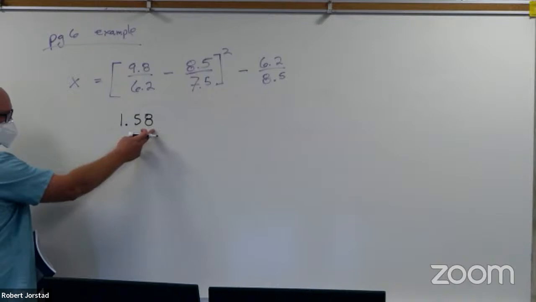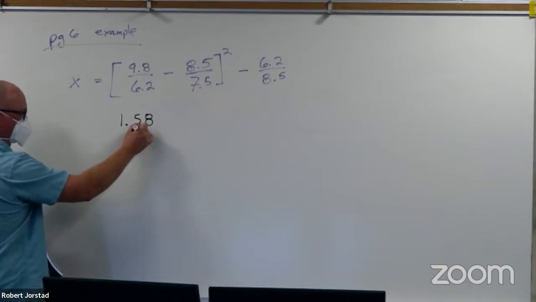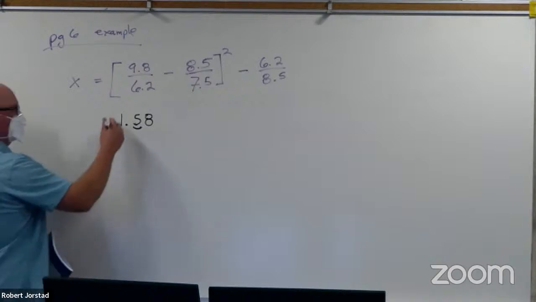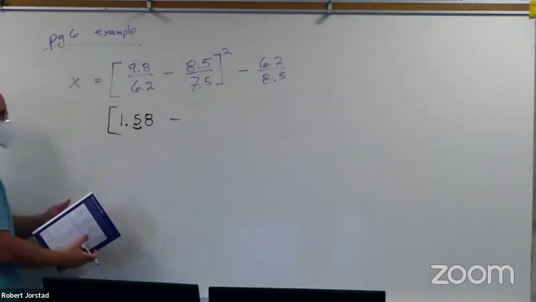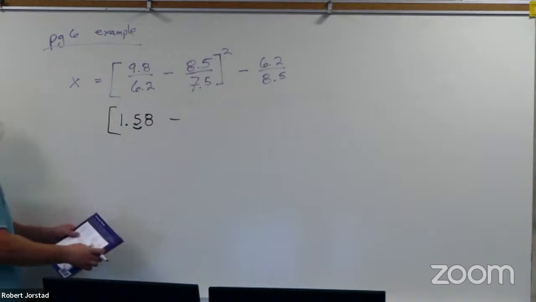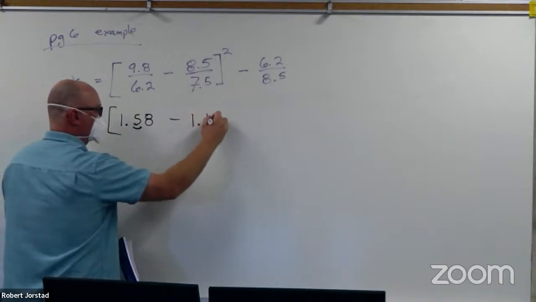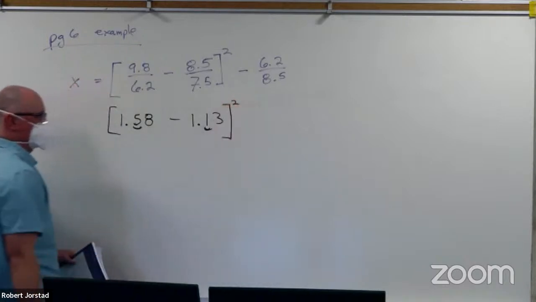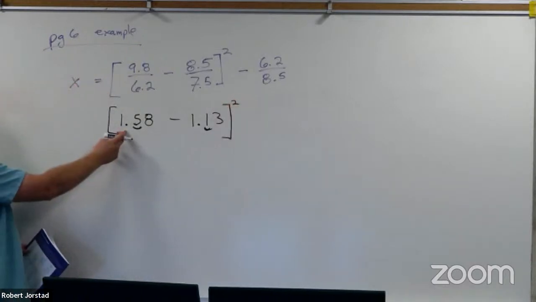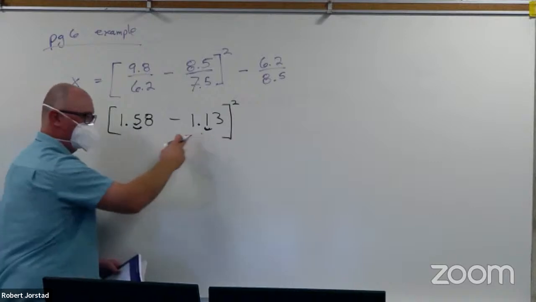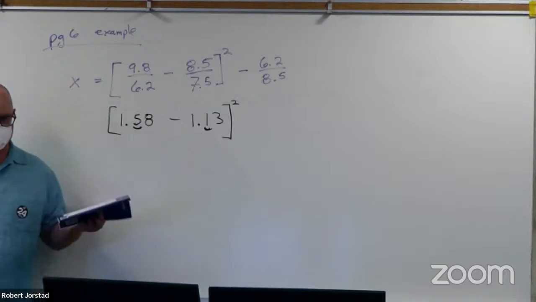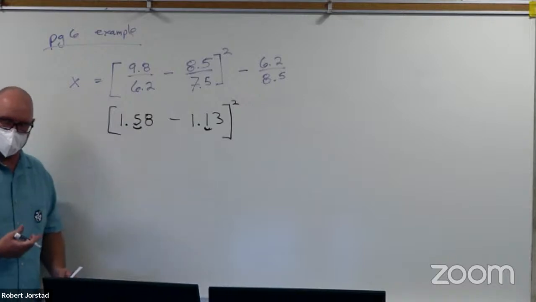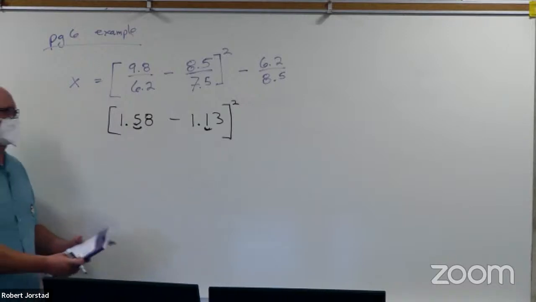Well, you got to keep at least 1 extra and mark that the sig fig, this is really a 2 sig fig number, right? But I keep an extra digit so I don't round. So the idea is if you rounded this to 1.6 and this to 1.1, you'd be introducing a small error. And if you do enough steps, you're adding in more and more errors and things get out of control.